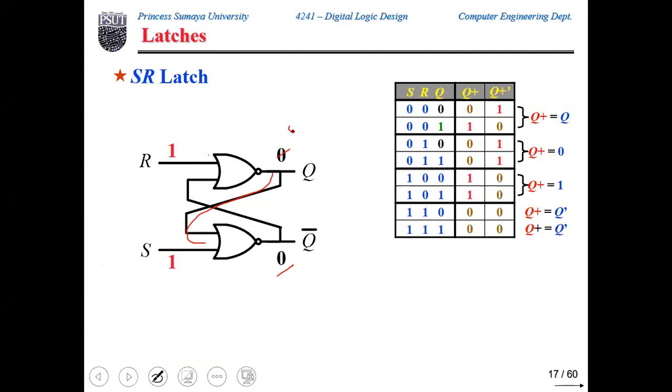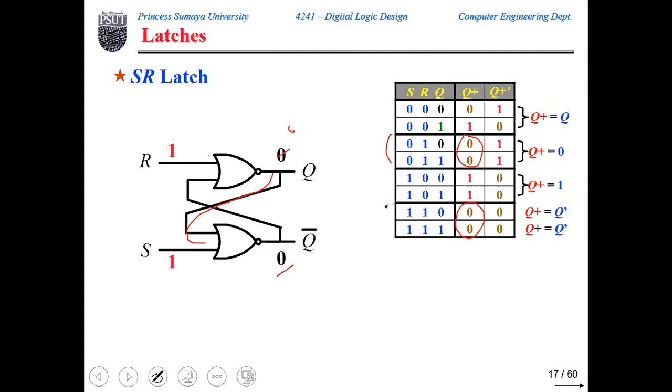What is this operation? If you look at Q plus only, you can see it is similar to what we had here, that we are forcing the stored value to be 0 when S and R are both 1s, similar to this case. However, there is a problem here. What is this problem?